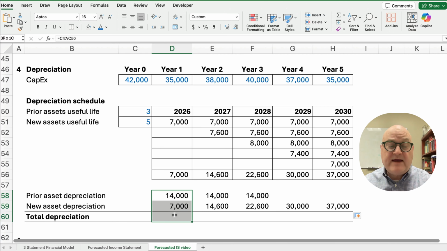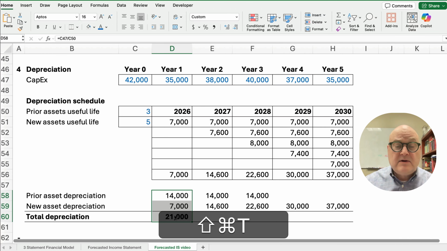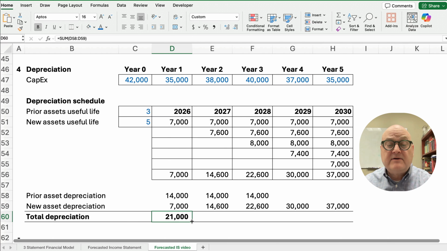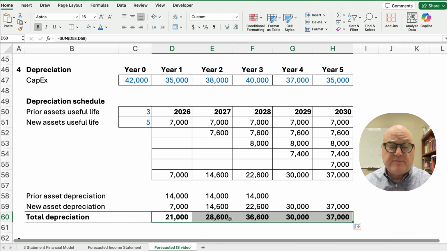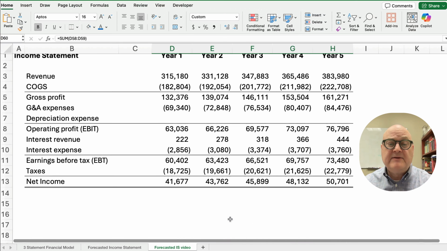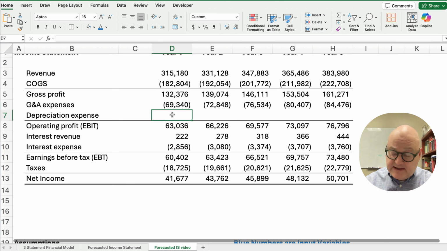So therefore we have a total of 21,000 each year, and then it goes 28,600, 36,600. So we need to now put that in our depreciation. That's our last piece on the depreciation expense.